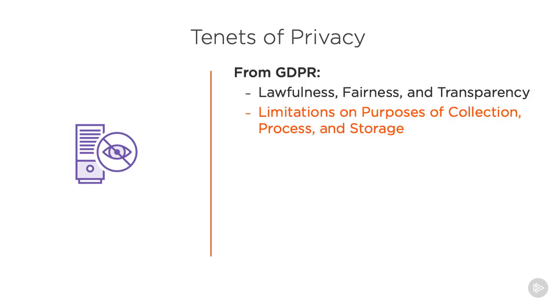It places limitations on which data we collect. We have to say why we collect it. But also, it places on us requirements of how we process and store the information we collect. We must be transparent in what we do. We must be fair and lawful in what we do. We also should only collect the data we need.